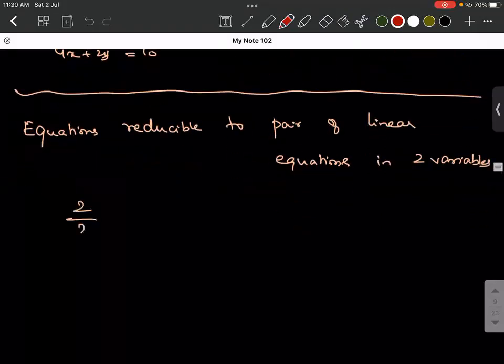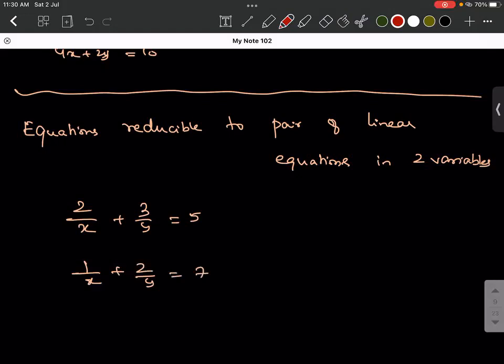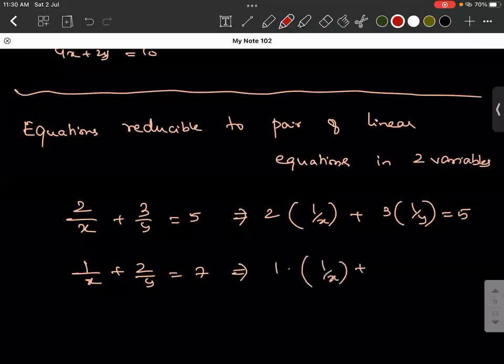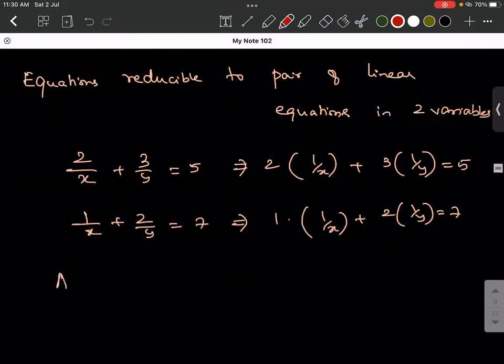Suppose I have 2 by x plus 3 by y is equal to 5 and 1 by x plus 2 by y is equal to 7. Then what I can do is write this as 2 into 1 by x plus 3 into 1 by y is equal to 5, and this as 1 into 1 by x plus 2 into 1 by y is equal to 7. Now I can assume 1 by x is a and 1 by y is b.